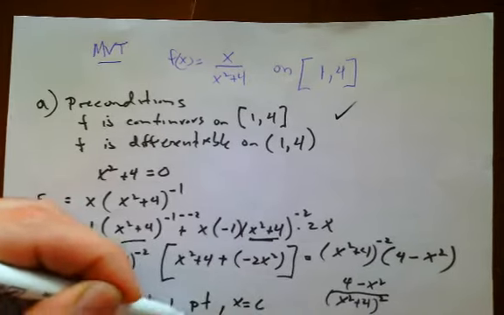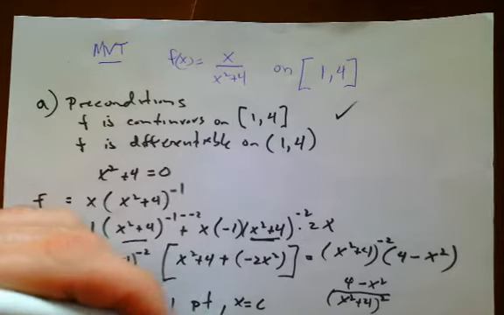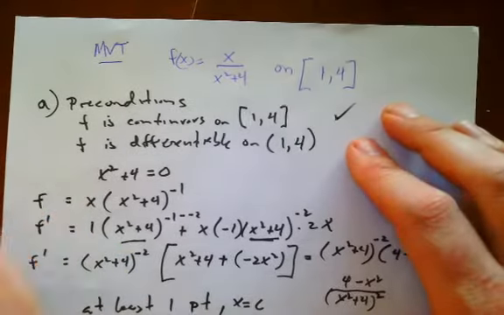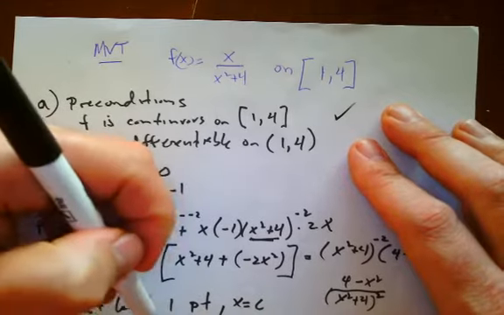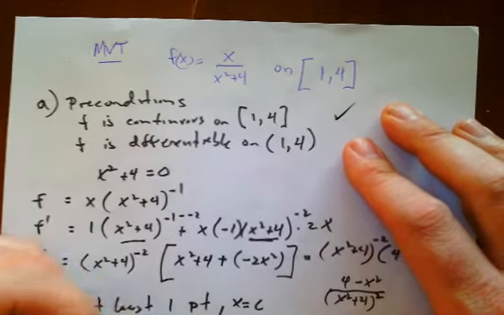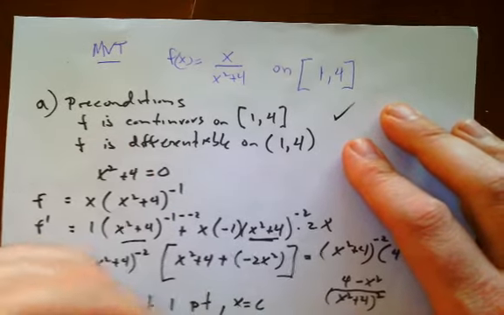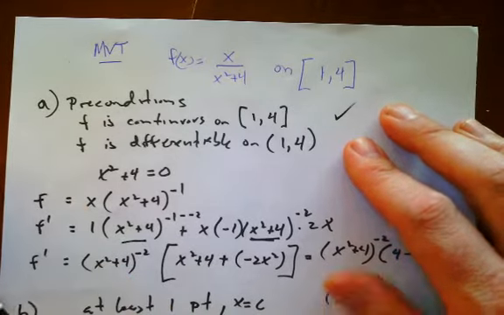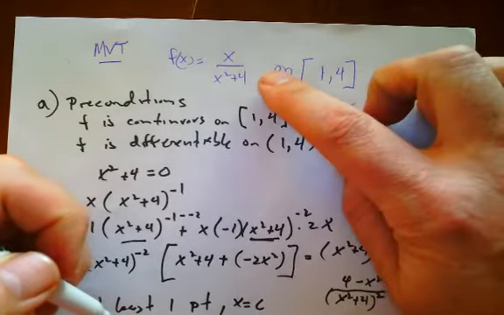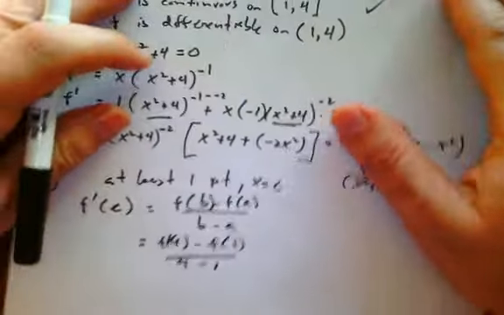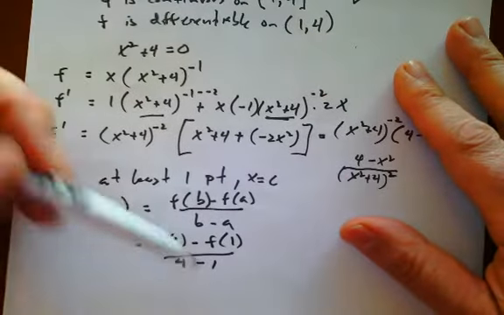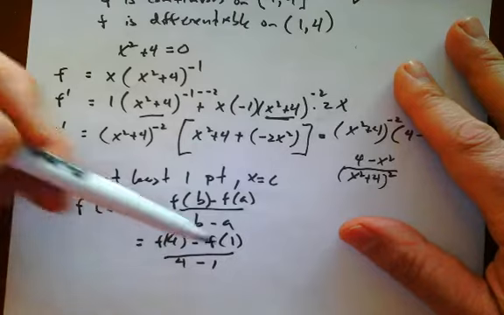Now we're ready for satisfying our curiosity about the location of c, by which I mean, remember the mean value theorem guarantees us at least one point called x equals c, where f prime at that x value is equal to f of b minus f of a over b minus a.